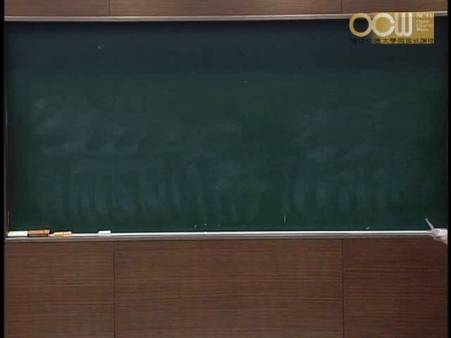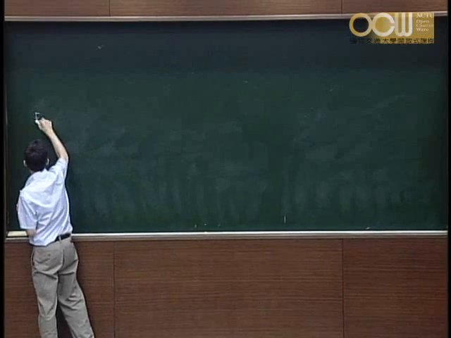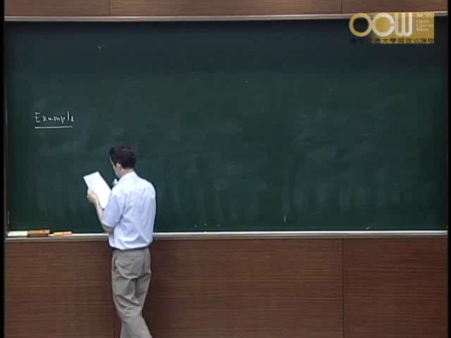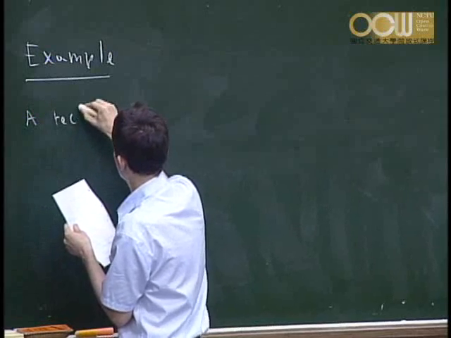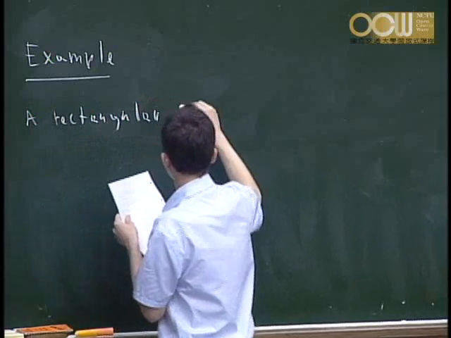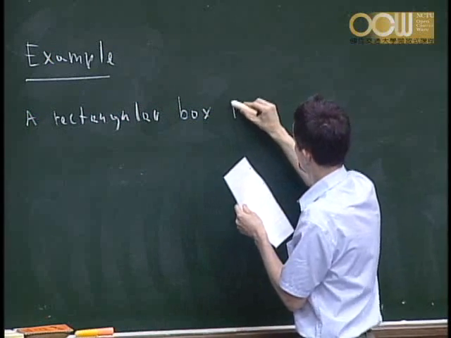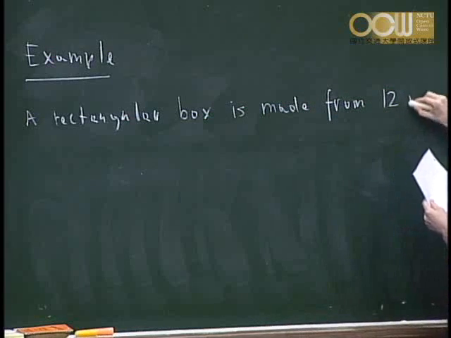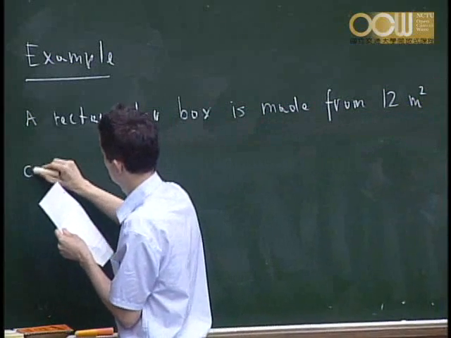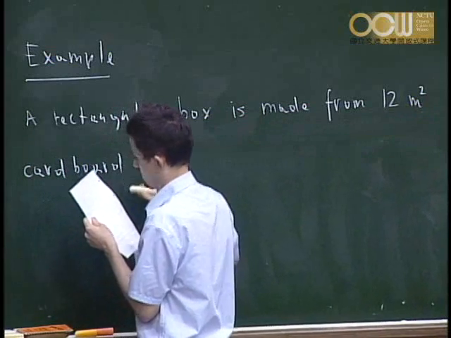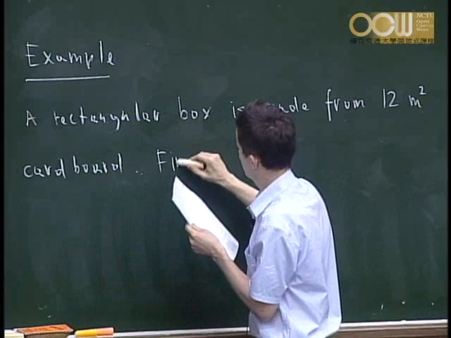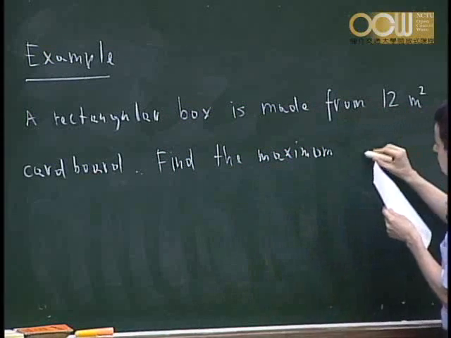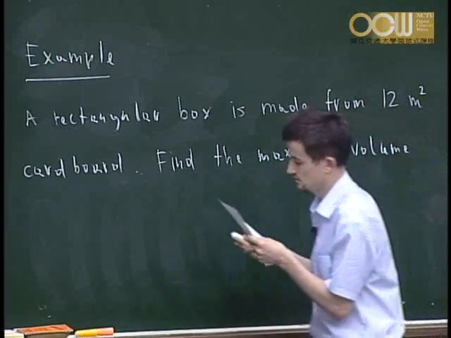So, for instance, if you have the following example: a rectangular box is made from 12 square meter cardboard. Find the maximum volume of such a box.